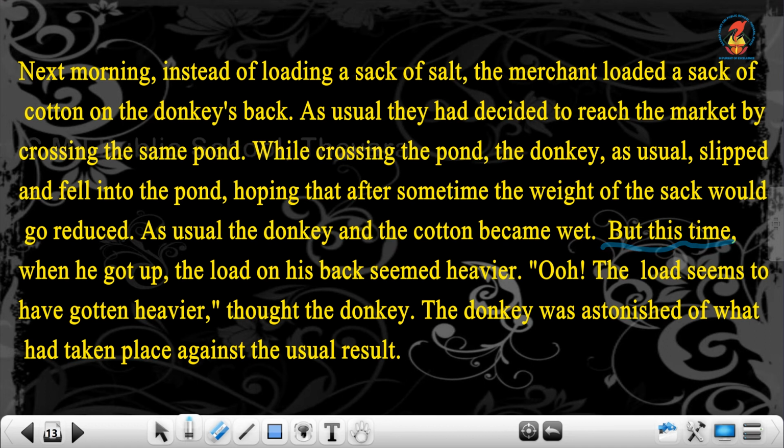But this time, when he got up, the load on his back seemed heavier. "Oh, the load seems to have gotten heavier," thought the donkey. The donkey was astonished at what had taken place against the usual result.